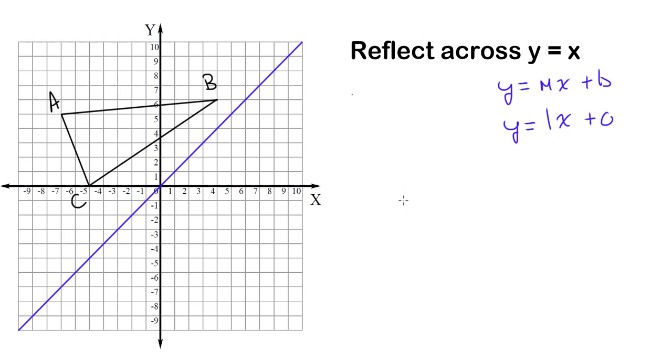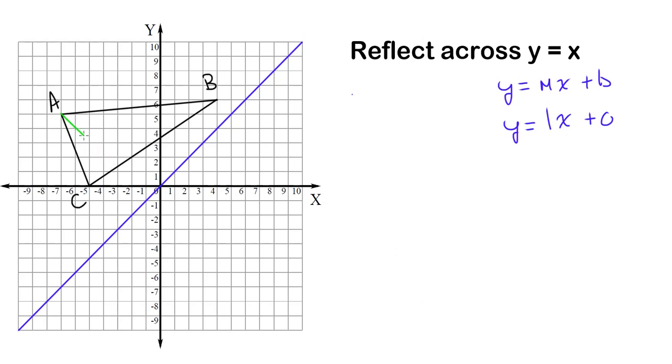So then the question becomes, how do I reflect across this line and make sure that I am moving in a perpendicular fashion? When you have this line, the way you make sure that you have 90-degree angles is by moving diagonally across the grid lines. So if we take a look at point A here, I'm going to move in green diagonally across these lines.